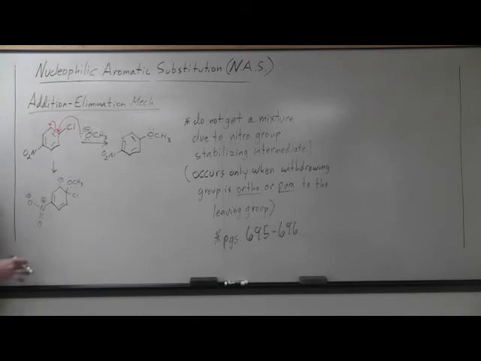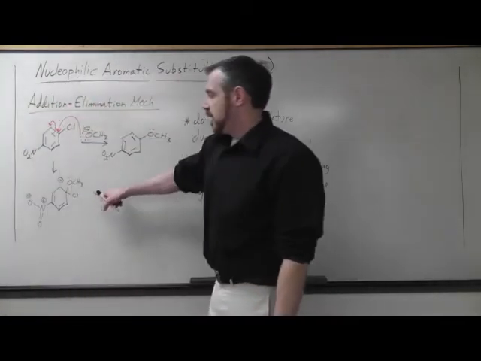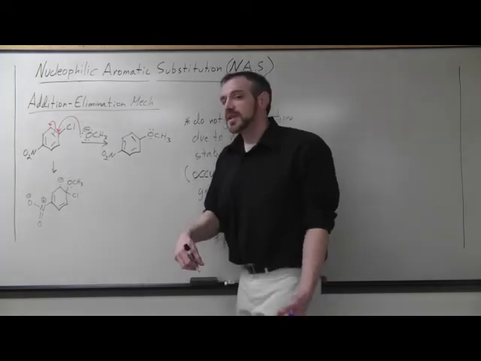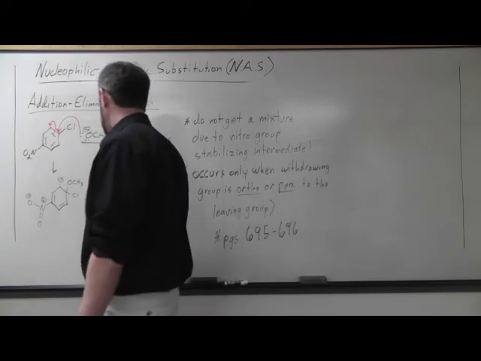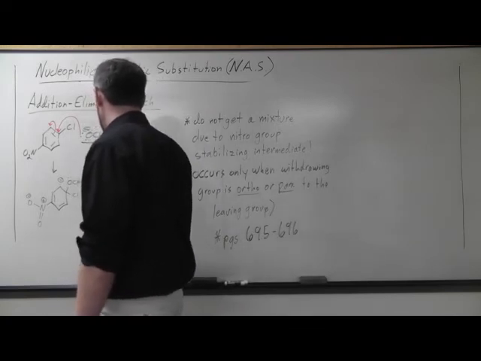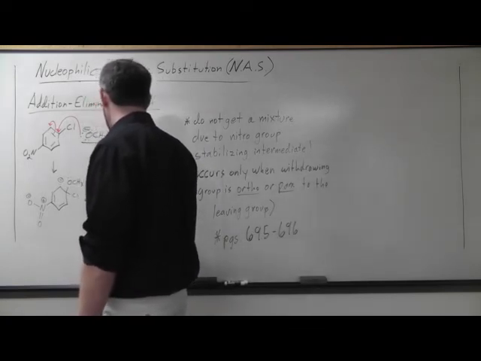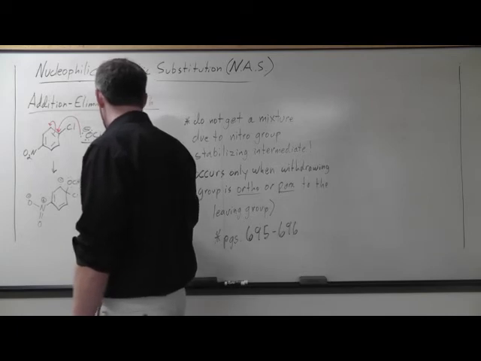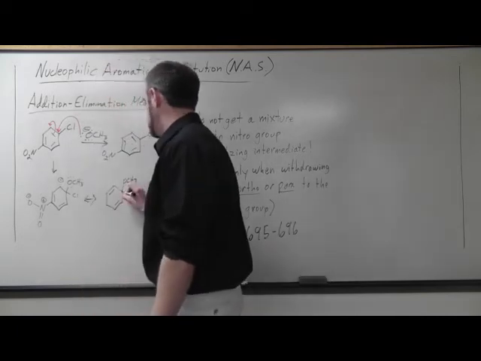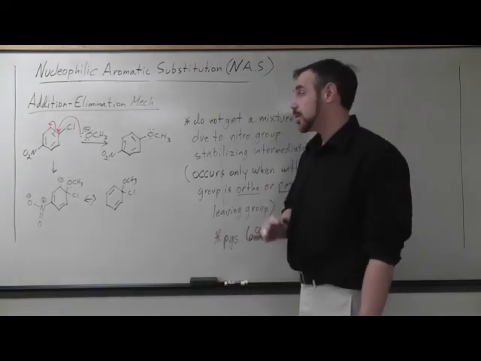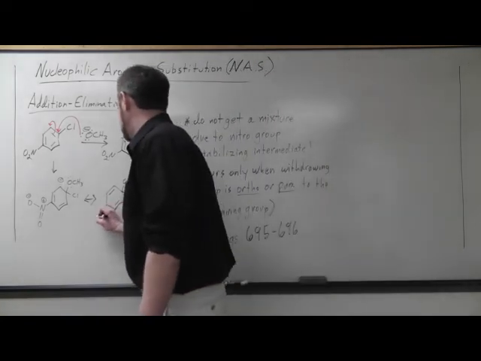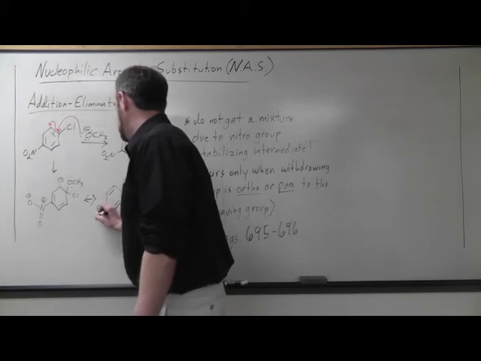And so if we draw out the nitro group, this will be helpful in our understanding. From this position here, we want to consider resonance structures. And this will shed light on how the electron withdrawing group has to be ortho or para to undergo this mechanism.